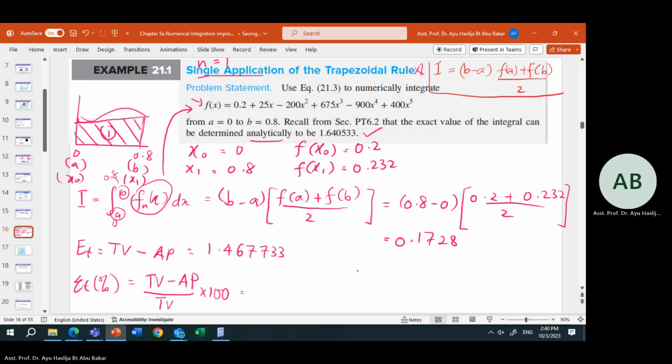Correct, 89.5 percent error. Only using one segment. Remember, the one that I drew here is not the actual curve.